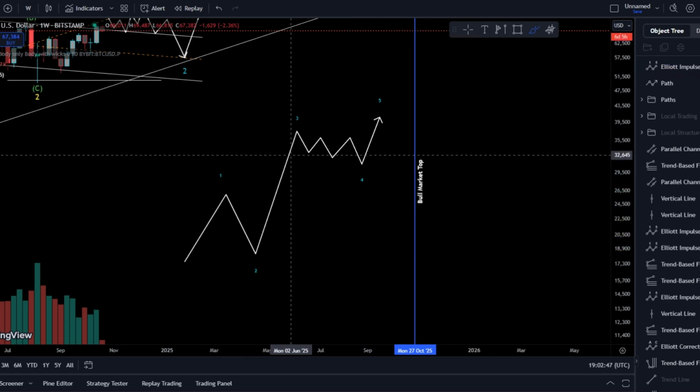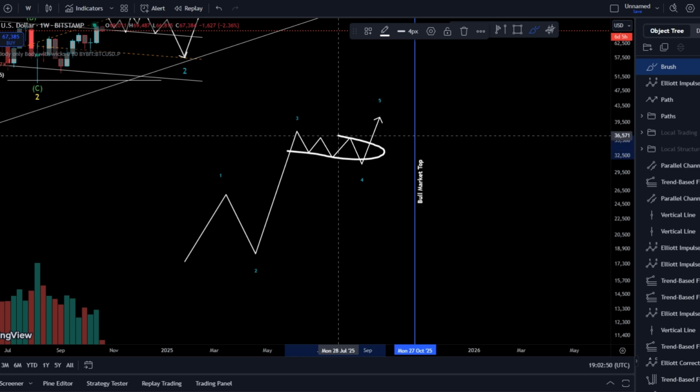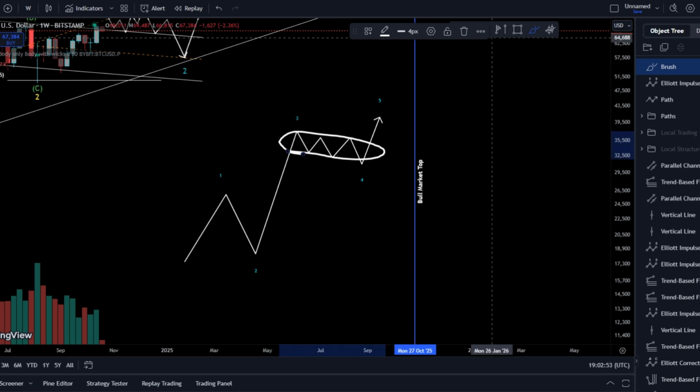So the rule of alternation would state your wave 4 should be shallow and time consuming.